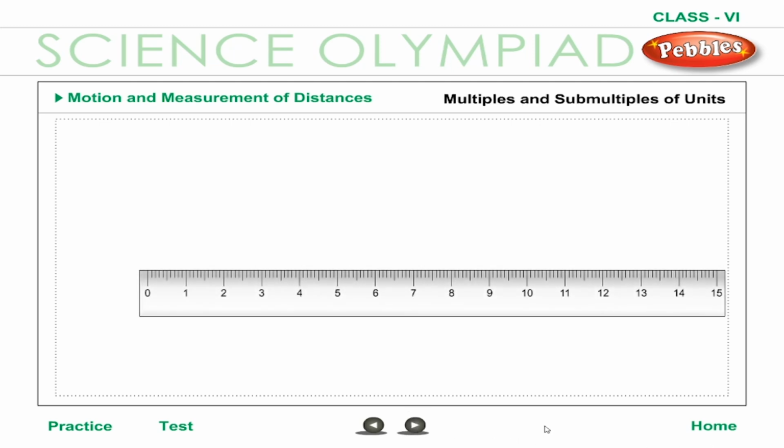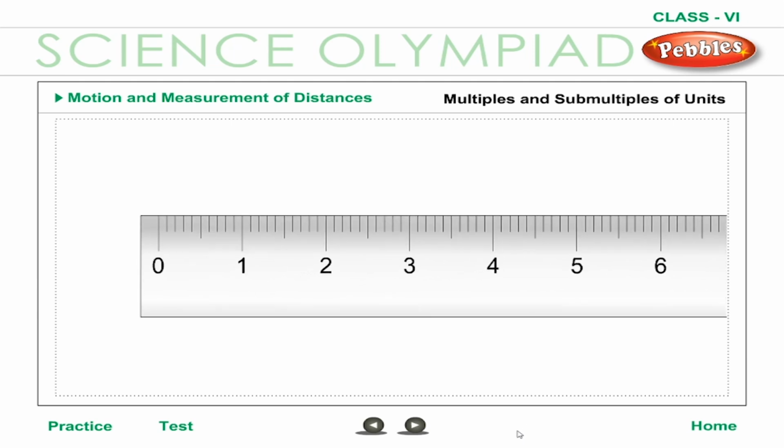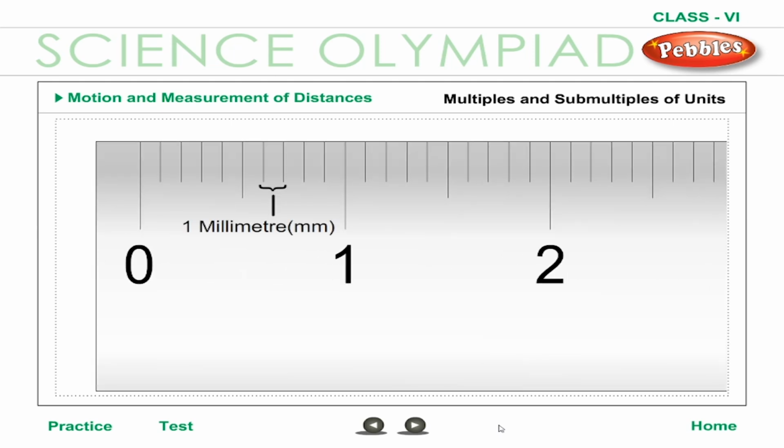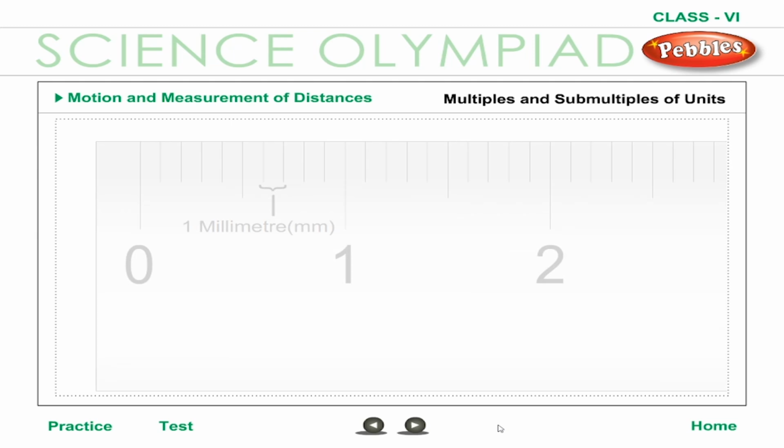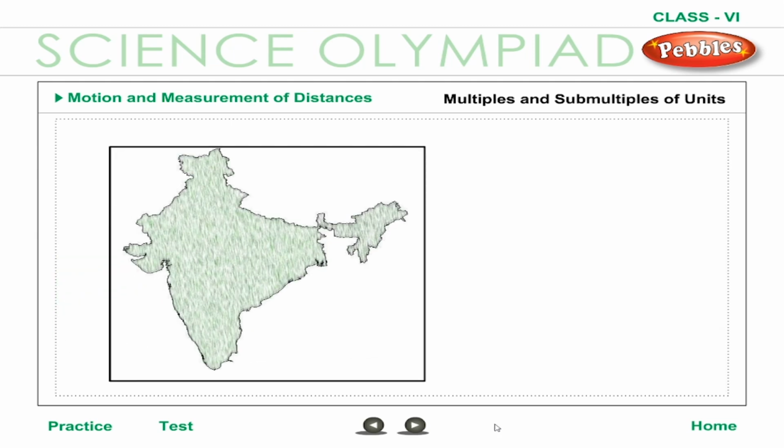Multiples and submultiples of units. A closer look at the meter scale reveals that each meter, m, is divided into 100 equal divisions called centimeter, cm, and each centimeter has 10 equal divisions called millimeter, mm. Suppose you want to express the distance from Chennai to Delhi, you cannot express the distance in meters.